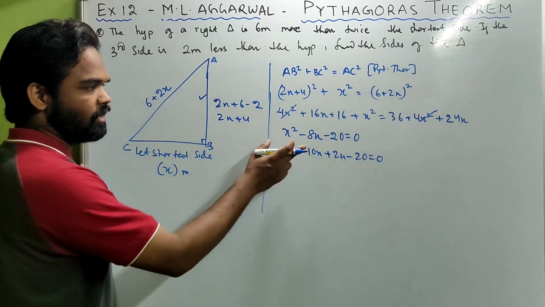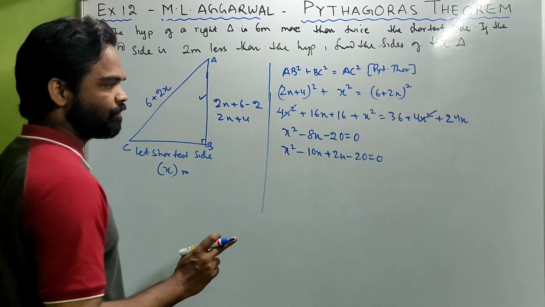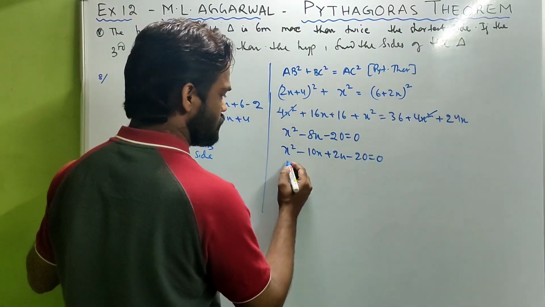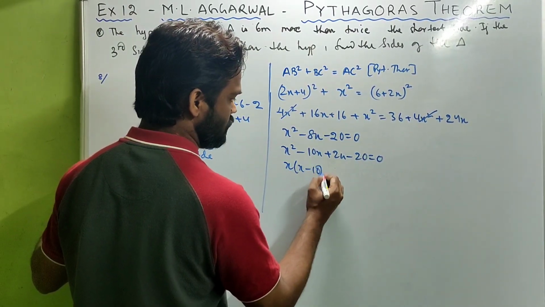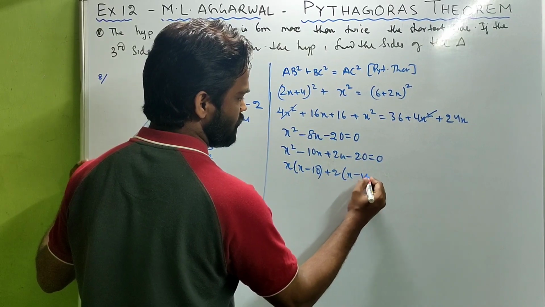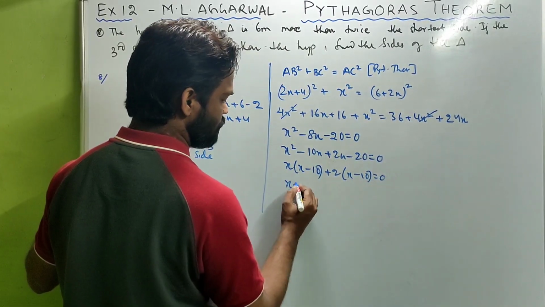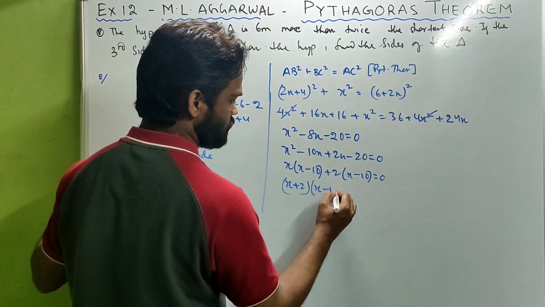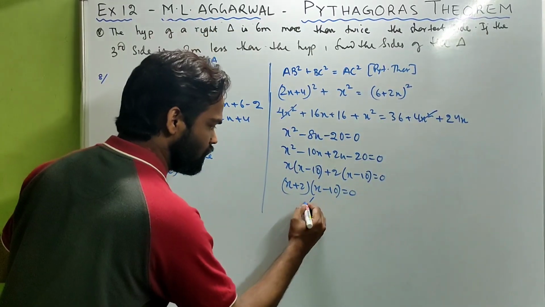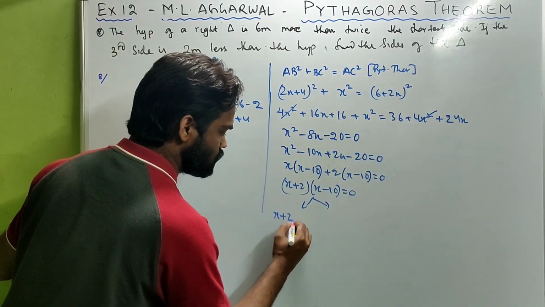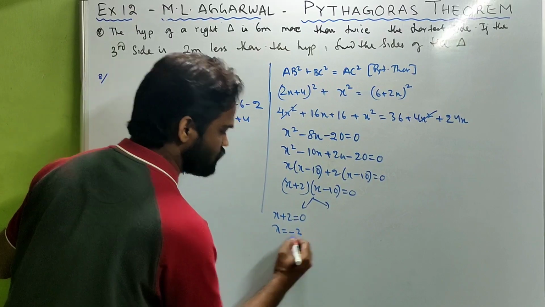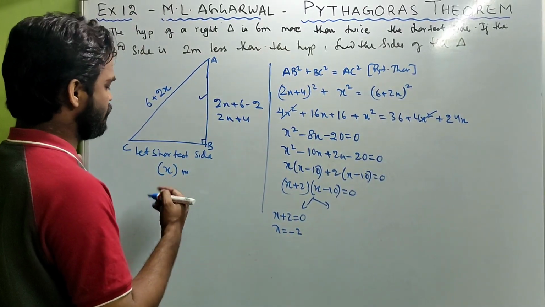We have done an entire chapter on factorization on this. Now this is x minus 10 plus 2, x minus 10 equals to 0, which means x plus 2, x minus 10 equals to 0, which means you have two cases. x plus 2 equals to 0, which means x equals to minus 2, not possible, it can't be negative.